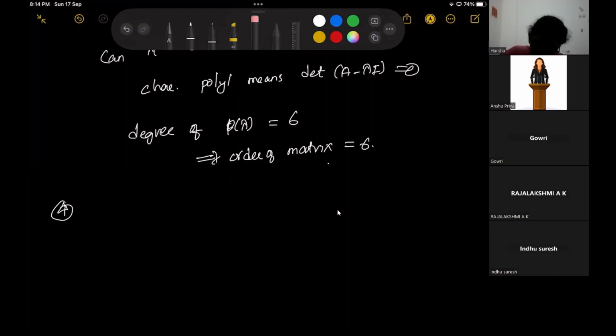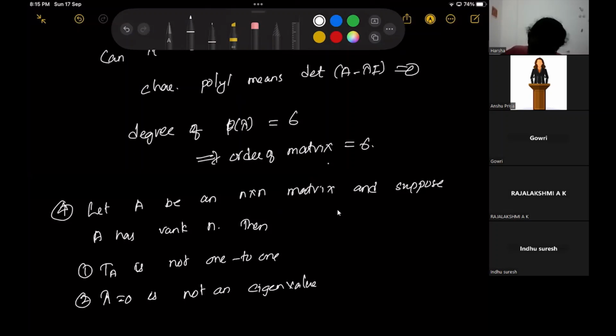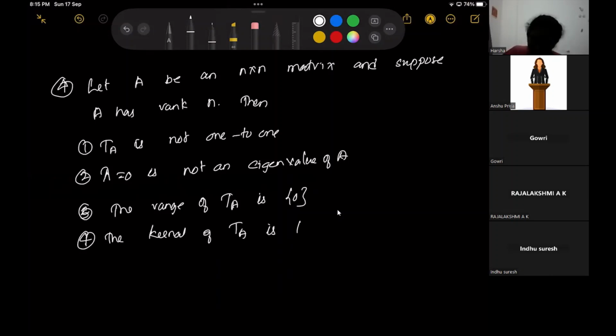So the next question is, A is an n by n matrix, and suppose A has rank n.